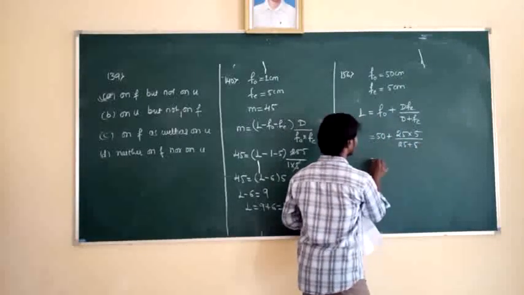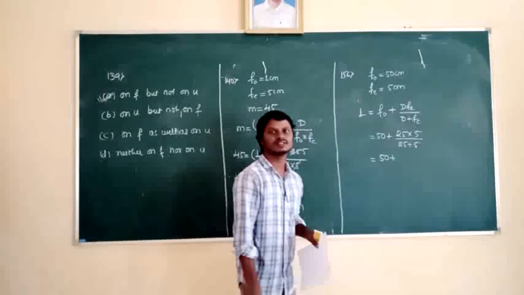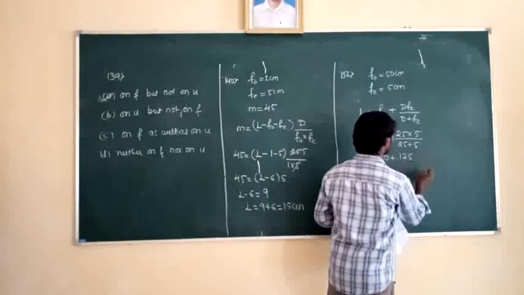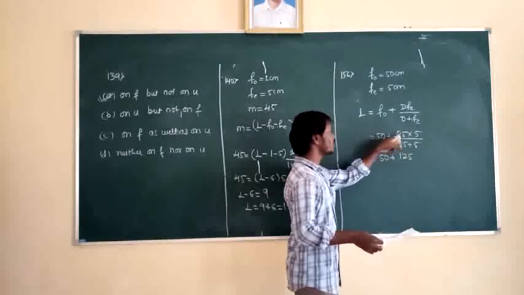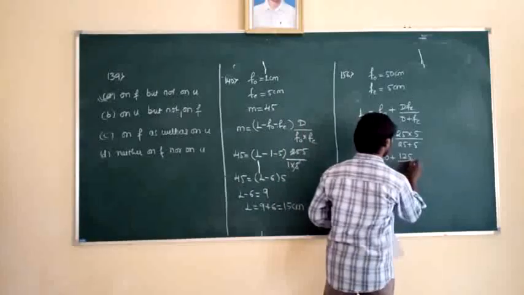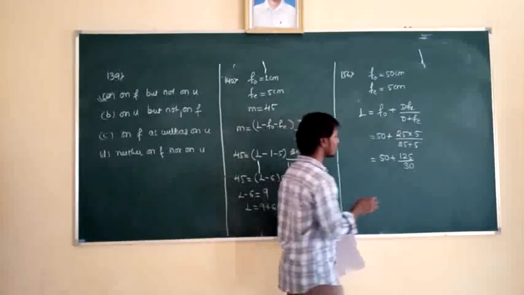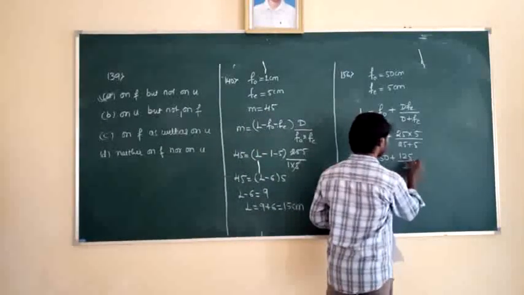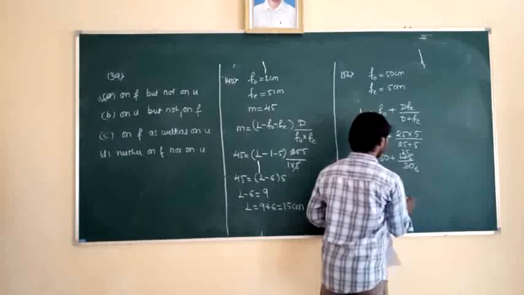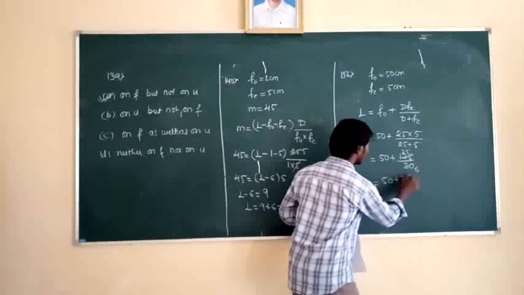Then it is 50 plus 125 divided by 30. 25 into 5 is 125. Solving this, 5 sixes are 30, 5 twos are 10, so it is 50 plus 25 divided by 6.